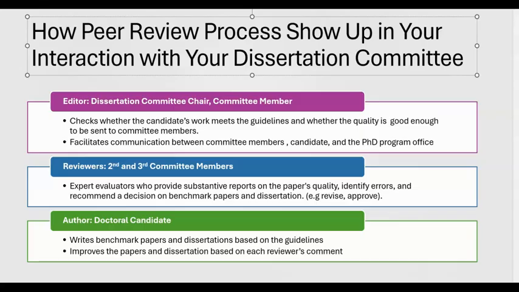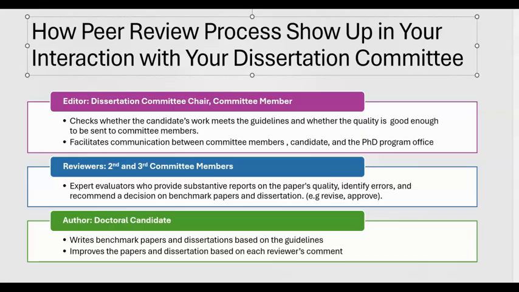The role that the dissertation committee chair plays is very similar to the role that the editor of a journal plays. The chair checks whether the candidate's work meets the guidelines and whether the quality is good enough to be sent out to other committee members. Also, the chair facilitates communication between committee members, candidates, and the PhD program office.